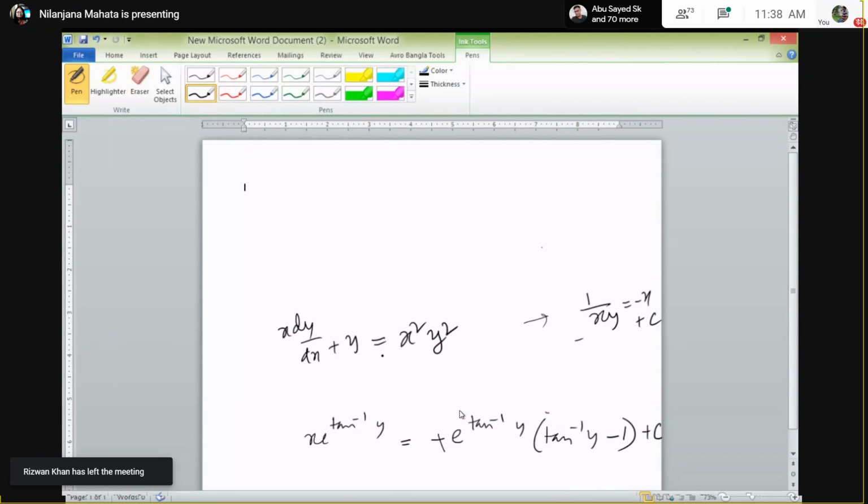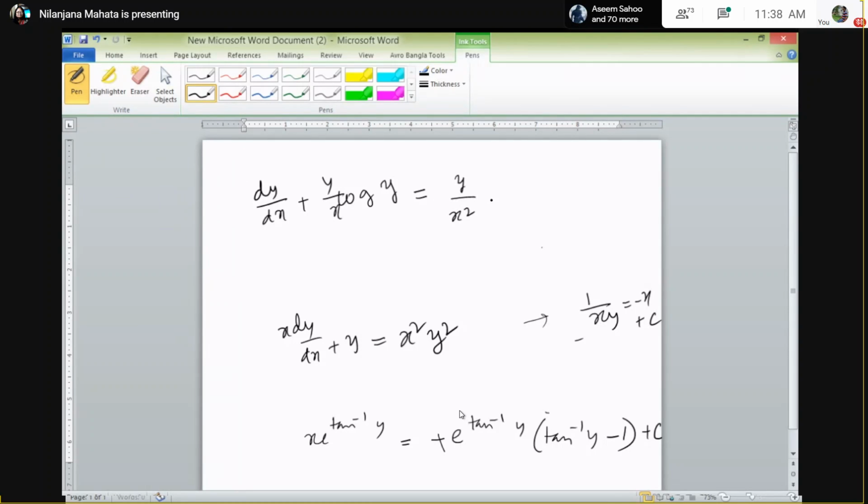So I am giving you another example: y by x log y is equal to y by x square log y square.